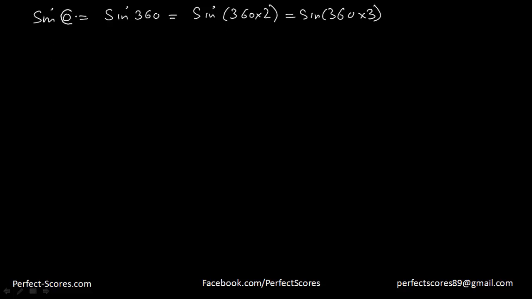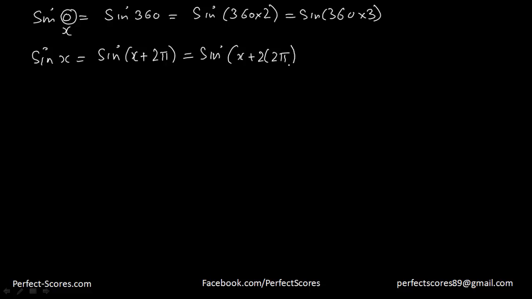So instead of 0, if I write x, sine of x is equal to sine of x plus 2 pi, which is equal to sine of x plus 2 times 2 pi, and so on.